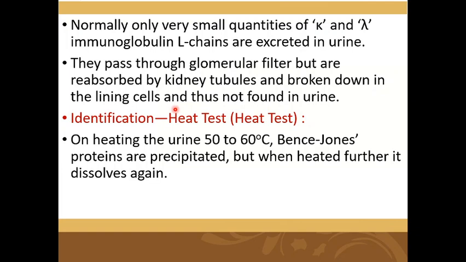Normally, a very small quantity of the kappa or the lambda immunoglobulin light chains is excreted in urine, because when they pass through the proximal tubule and distal tubule, they are reabsorbed and broken down in the tubular cells, and thus they are not found in the urine.